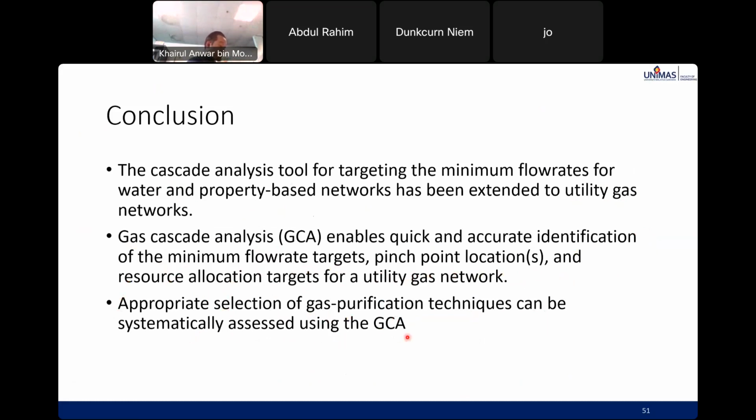So, this is the case for gas, so it is limited in terms of methods to purify the gas. The cheapest one, I think, is using activated carbon, maybe, to improve the purity. If you have a few selections of method, I believe using cascade analysis is the best one to do the comparison.